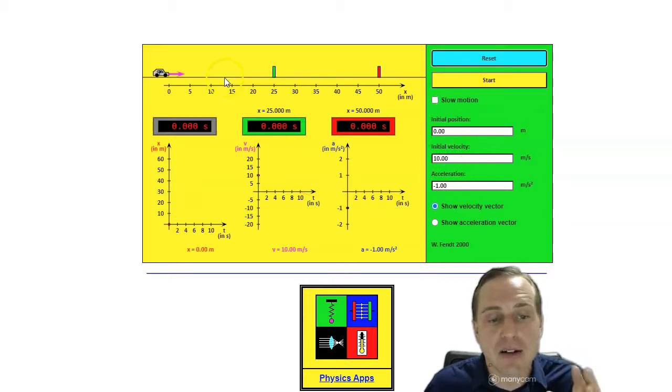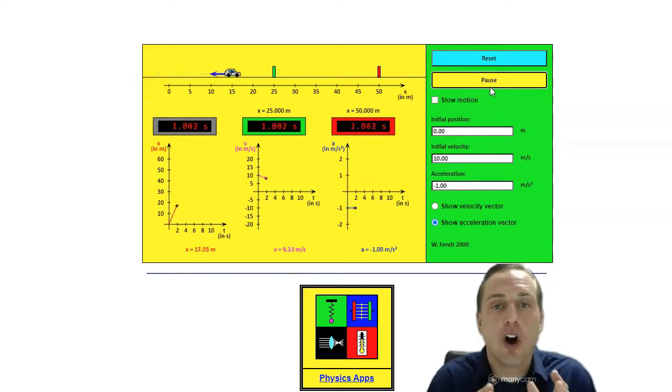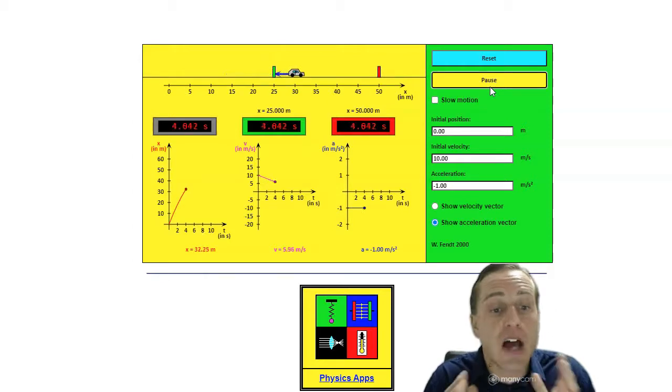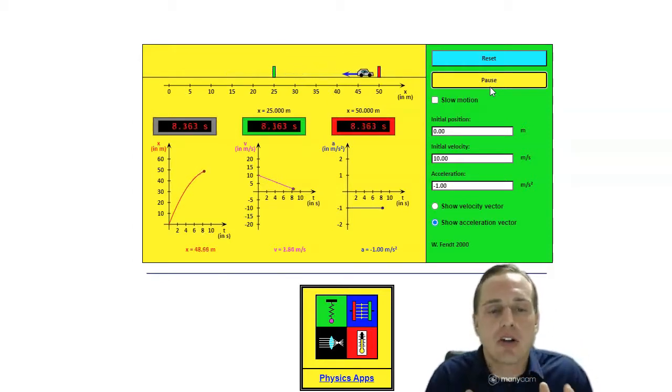In fact, let's watch that last experiment one more time, but this time I'll show the acceleration vector. So the acceleration vector is in blue, but notice that as the car moves along, the acceleration vector does not change the entire time. That negative acceleration the entire time slows down the positive velocity.